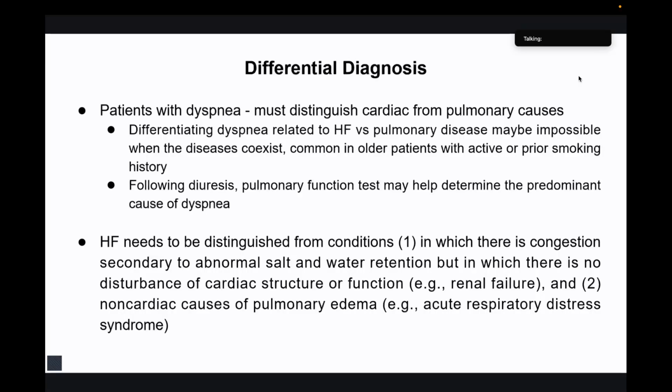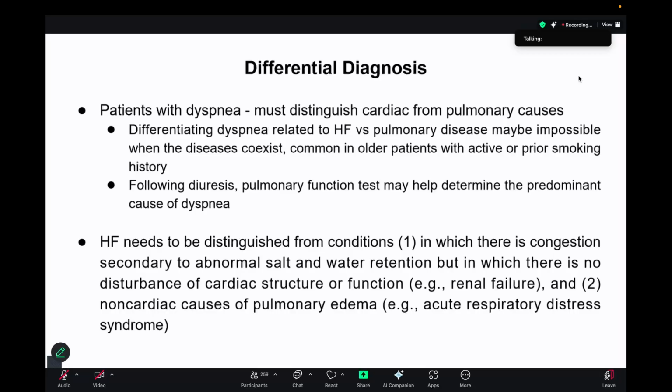Many signs and symptoms suggesting heart failure may be caused by other conditions. Hence, we must have a differential diagnosis for patients who present with dyspnea or swelling of the lower extremities. In patients with dyspnea, we must be able to distinguish cardiac from pulmonary causes.